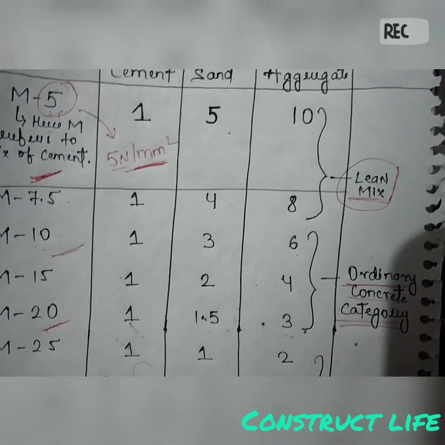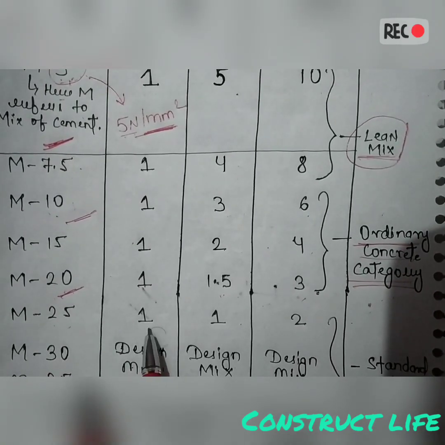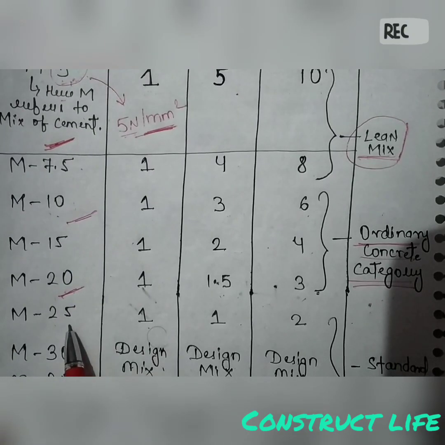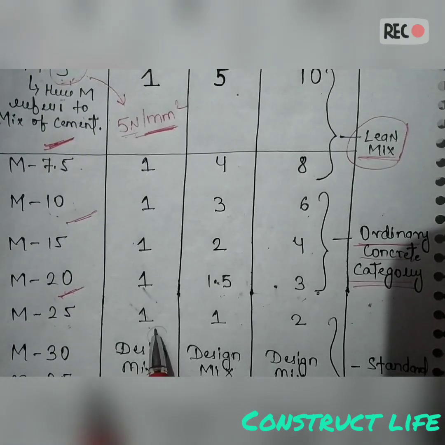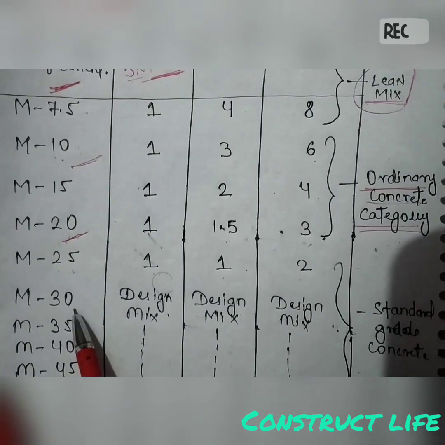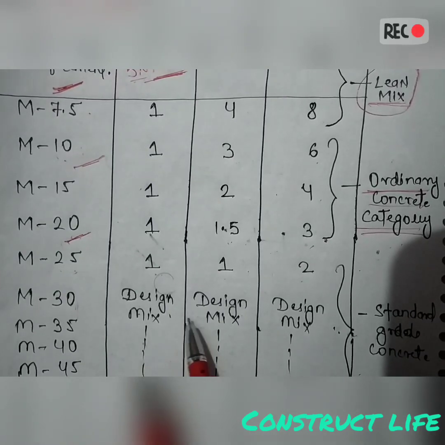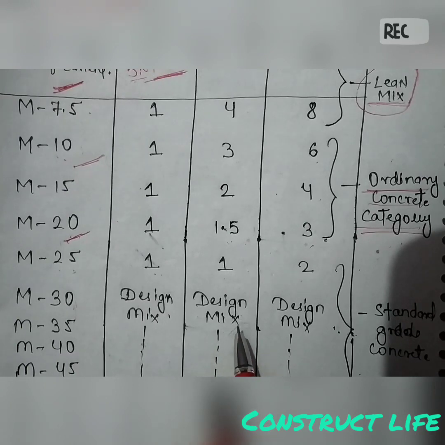Okay. Now we will move forward. For M25, the mix proportion of cement, sand and aggregate is 1 is to 1 is to 2. After that there is M30. From M30 onwards, we do design mix of concrete.